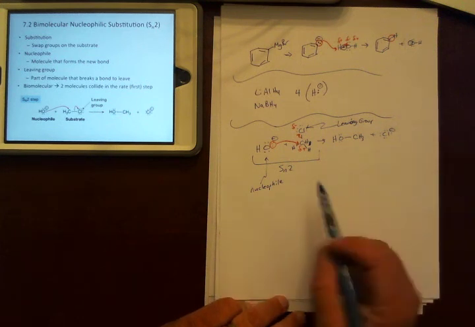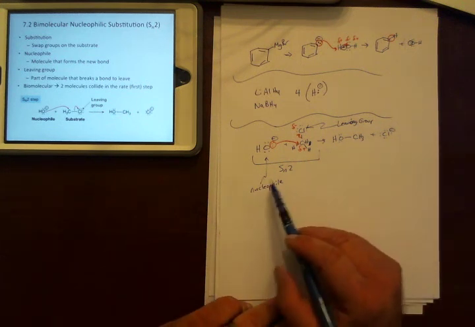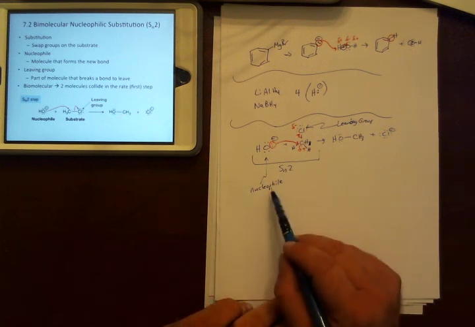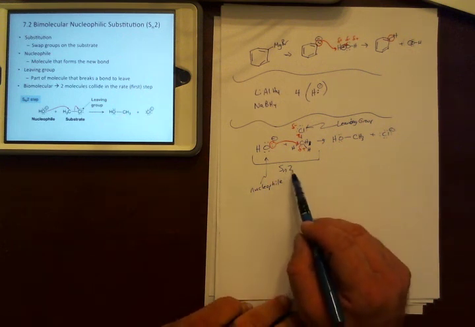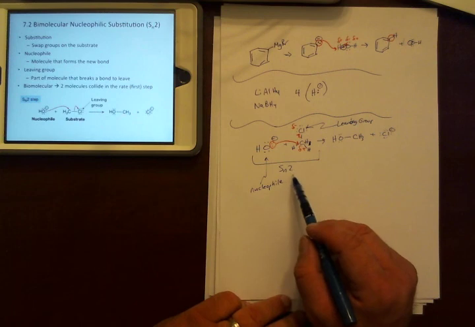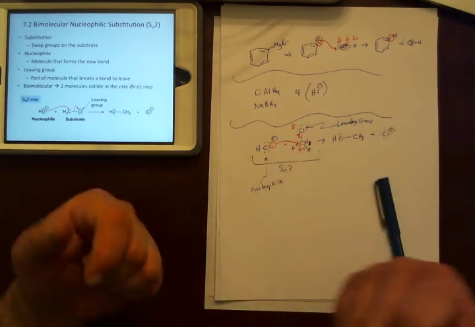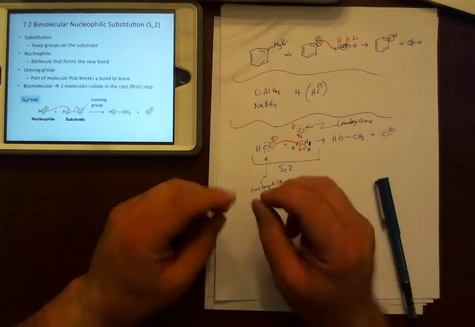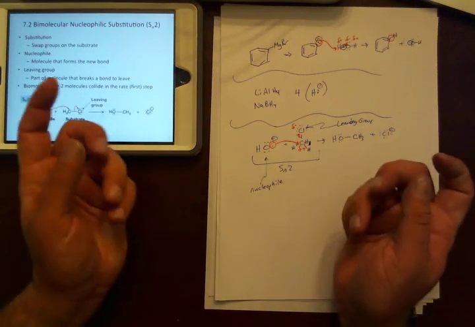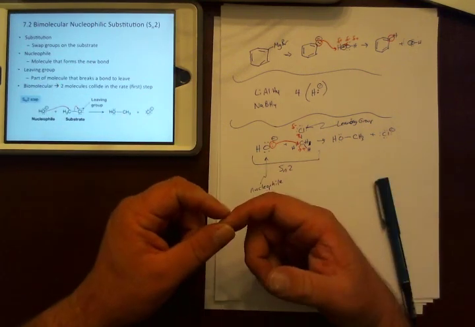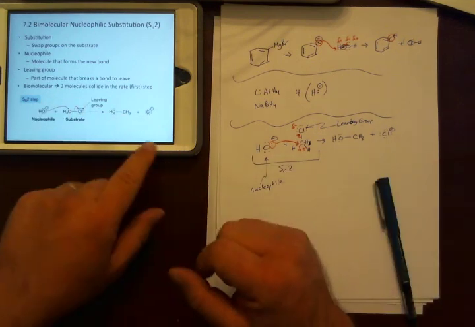And it's bimolecular. So it uses a nucleophile, that's what the N stands for, and the 2 means it's bimolecular. The rate determining step, as it turns out, is these 2 things smashing together, because there are two molecules involved in that rate determining step, so that is considered bimolecular.